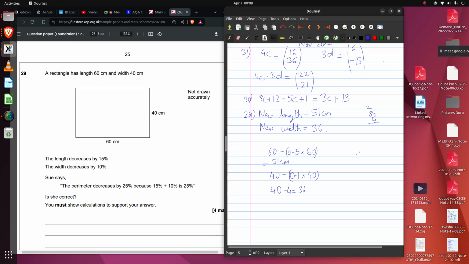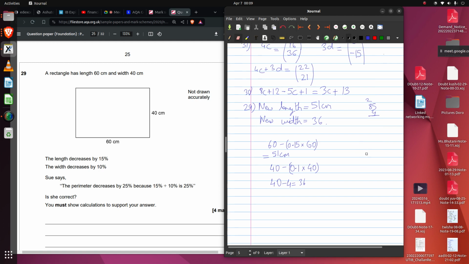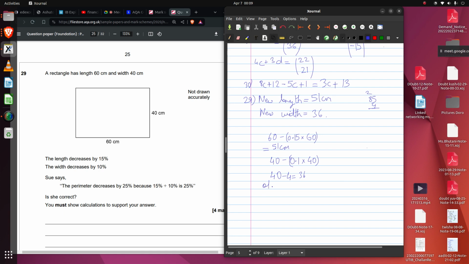And then 2 says the perimeter decreases by 25 because 15% plus 10% is 25. So, can you find out the old perimeter and the new perimeter? So just add everything.